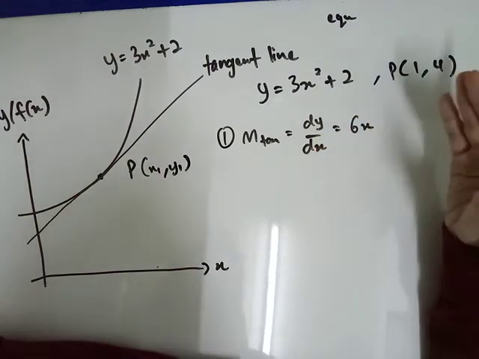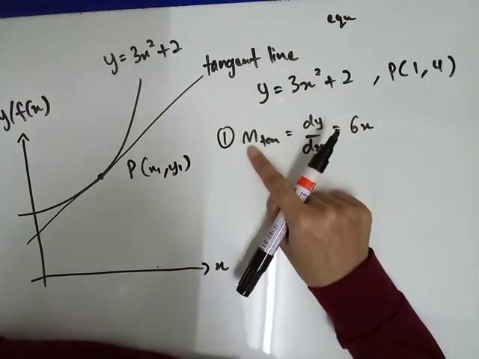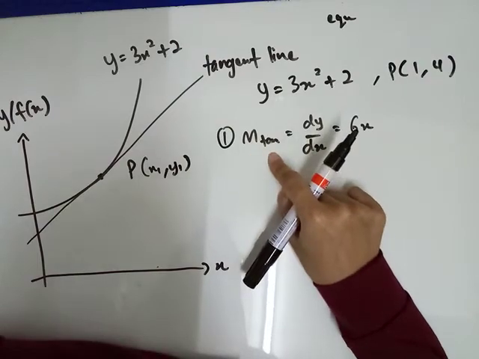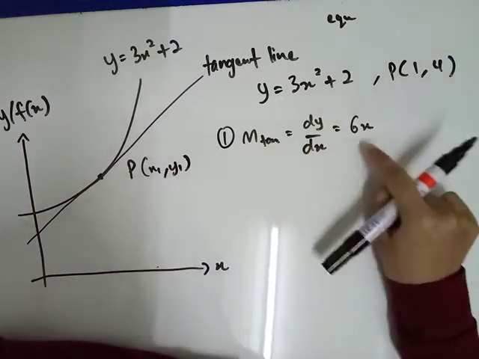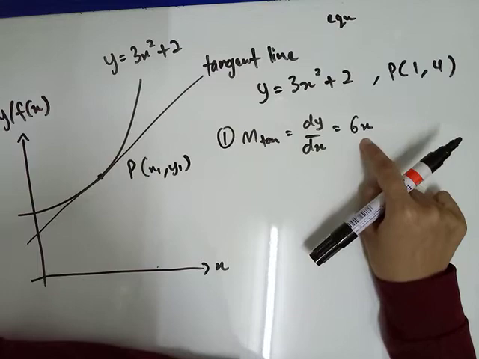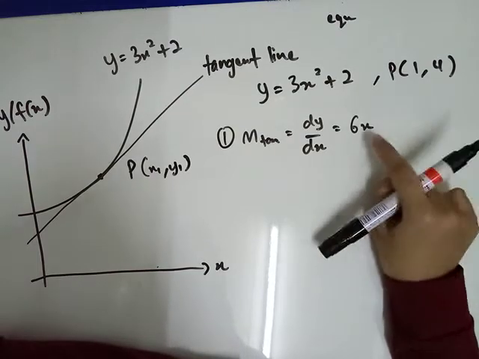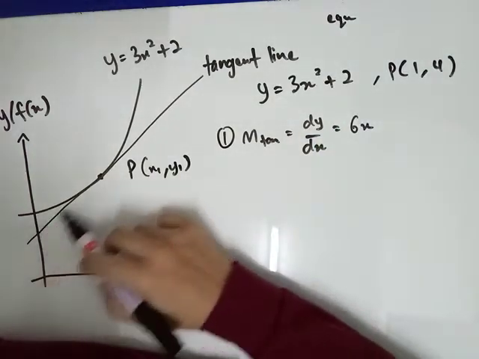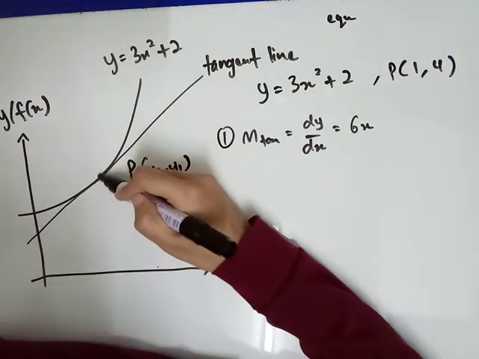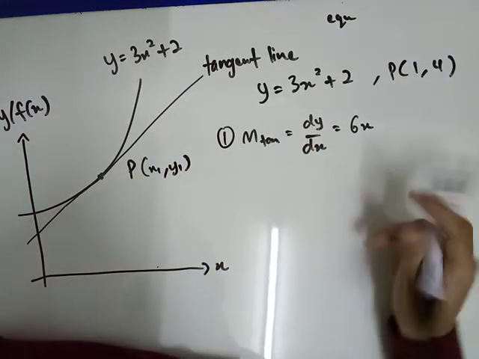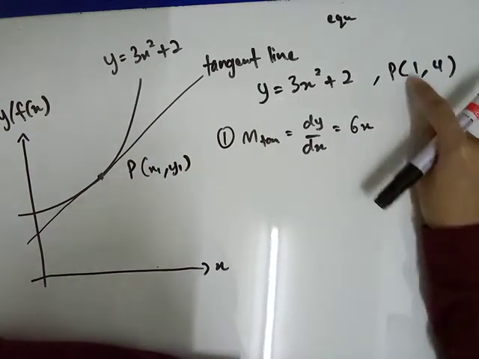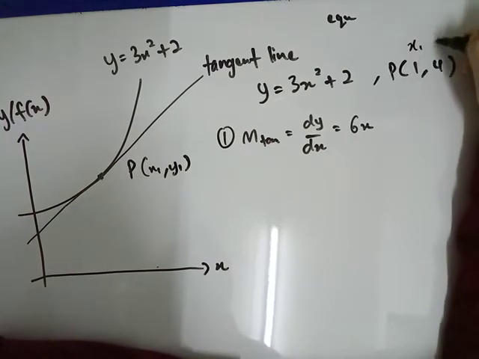Okay, but we need to find the value for the gradient of the tangent. We don't want it in the form of variable x. We know that the tangent line touches the curve at point P. So for x, this is x1, this is y1.